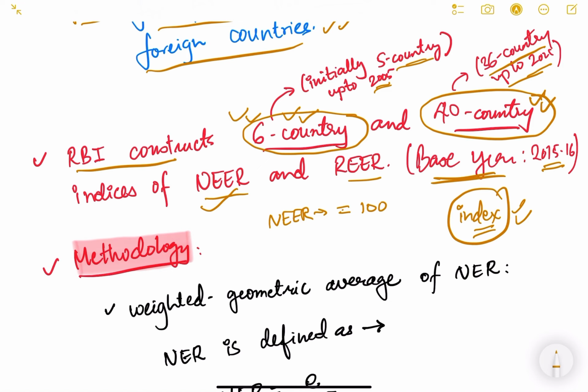For example, our base year is 2015-16. If the nominal effective exchange rate is equated to 100, and then in 2016-17 it becomes 102, it means that our currency has appreciated by 2%. See here, an increase means appreciation. You have to just keep this in mind, not a depreciation. Increase means an appreciation.